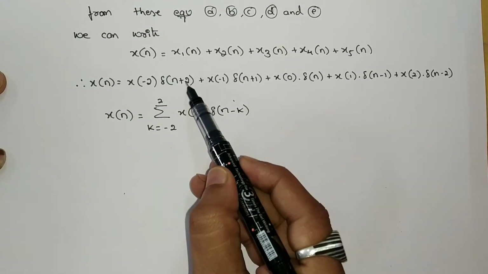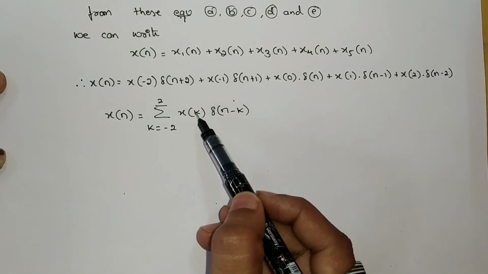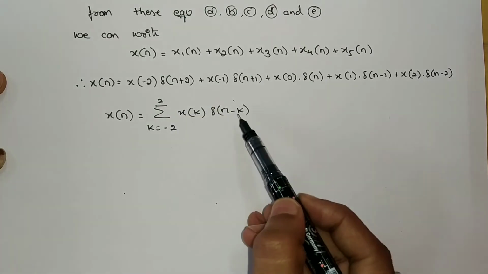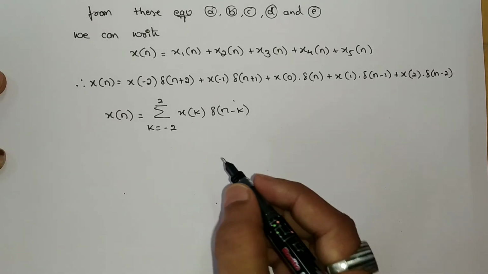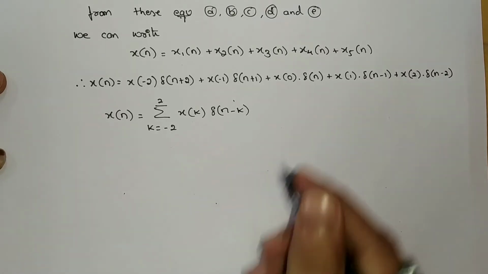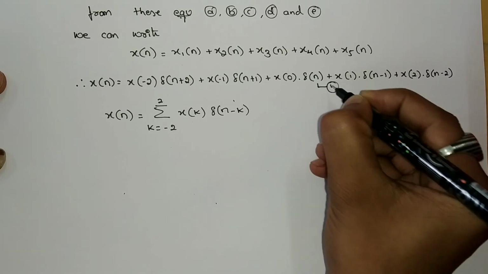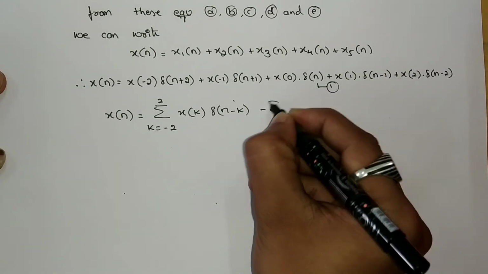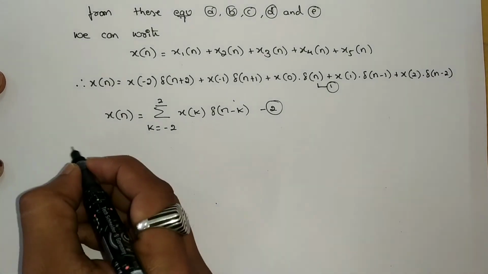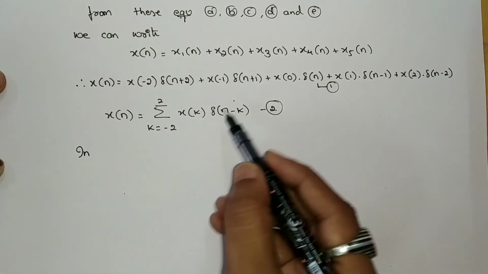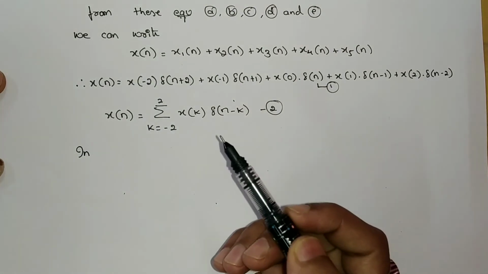Here we got minus 2 and here we got plus 2. We have taken k as positive, which means a plus 2 should be written in terms of minus. This we got the equation, marking the above equation as equation 1. This equation becomes equation number 2. Okay. In general, this equation is for the given signal x of n.